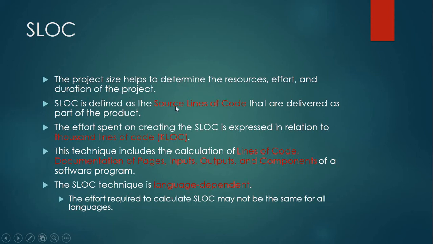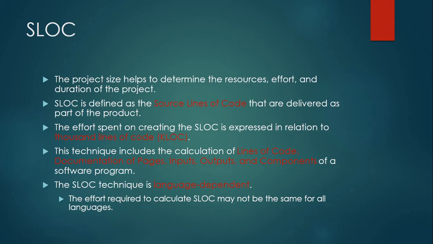SLOC is defined as the source line of code. Source line of code means if we have some project in which we have programmed something, how many lines of that code there are will be the SLOC, derived as part of the product. The effort spent on creating the SLOC is expressed in relation to 1000 lines of code, 1000 means kilo.